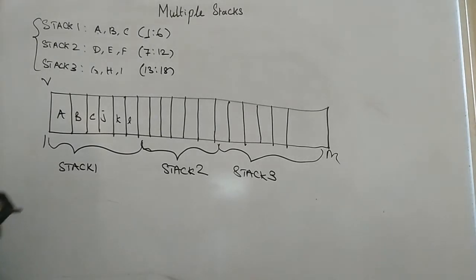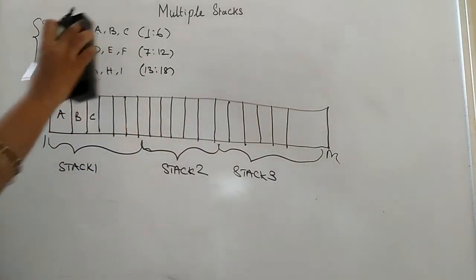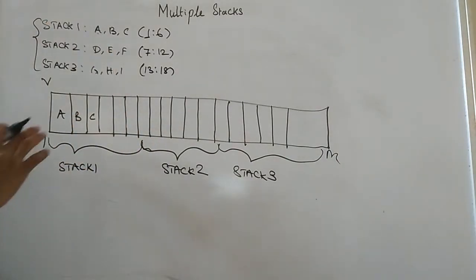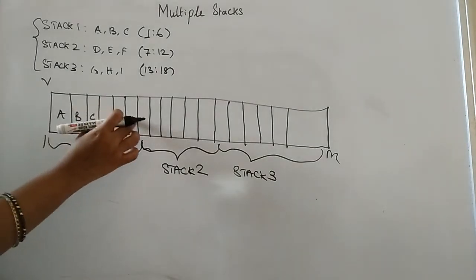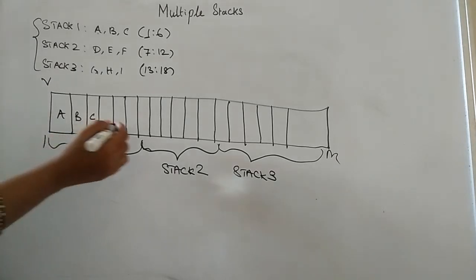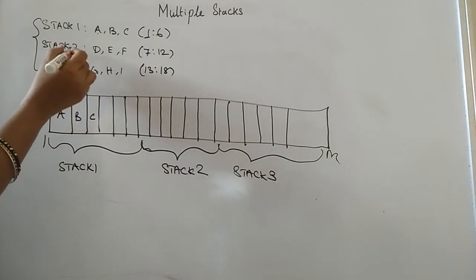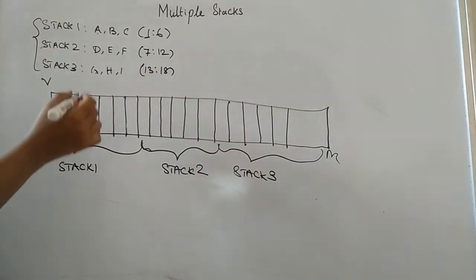As per this example, you are just having A, B, C here. In case you are having free spaces here, the memory will also be wasted, which we will see now. Before that we will store the content of stack 2 and stack 3.